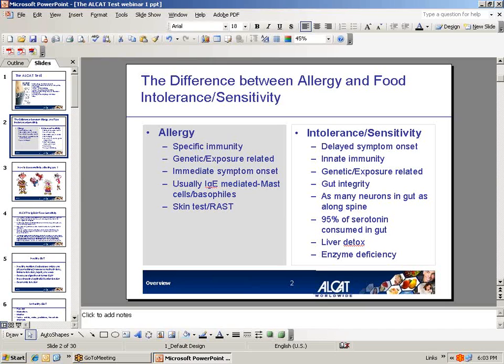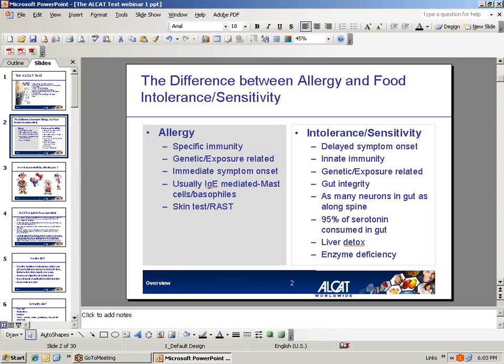IgG testing is a mediated test that is done on foods through an ELISA-like test through sera, and gives you information about the exposure through titers.